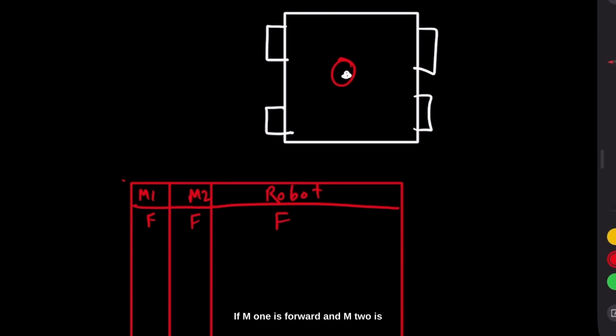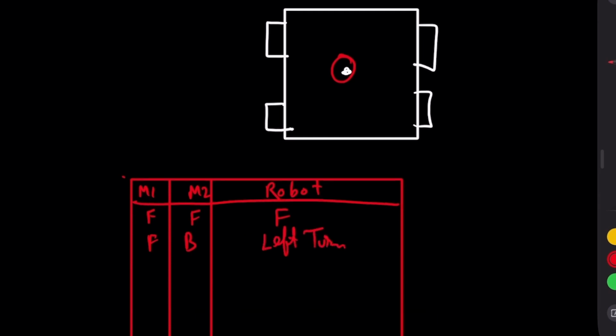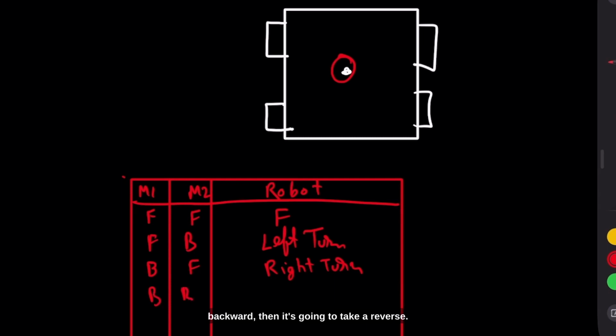If M1 is forward and M2 is backward, essentially it's going to take a left turn. If M1 is backward and M2 is forward, it's going to take a right turn. If both M1 and M2 are backward, then it's going to reverse. Understood?